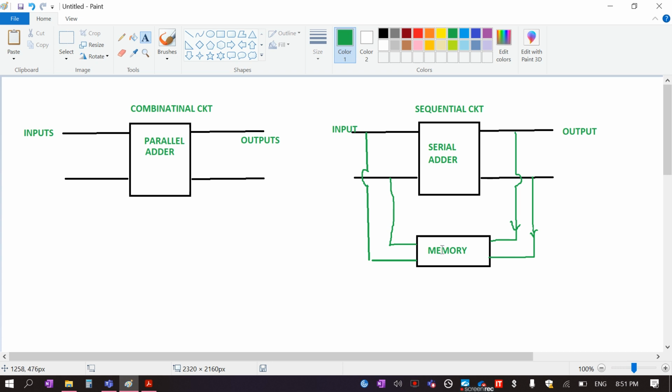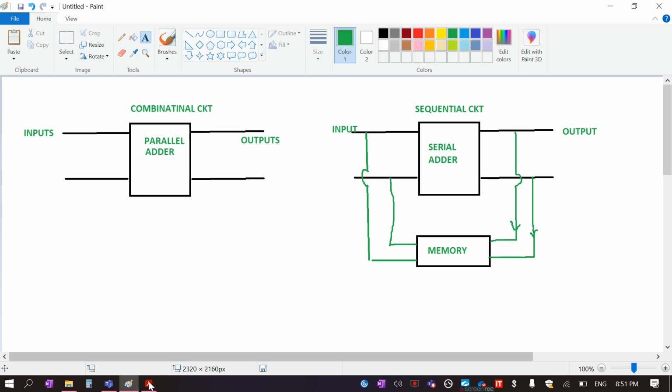Let us assume these two bits will be stored in this memory unit, and then it will be given back to the same inputs. So from the memory again it will be given to the inputs of the serial adder. This is an example of a sequential circuit.